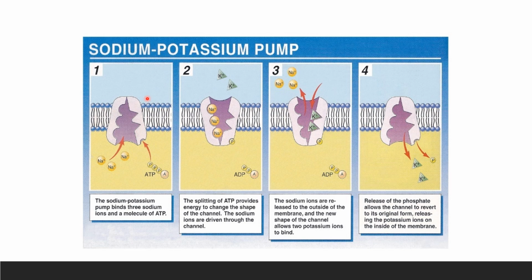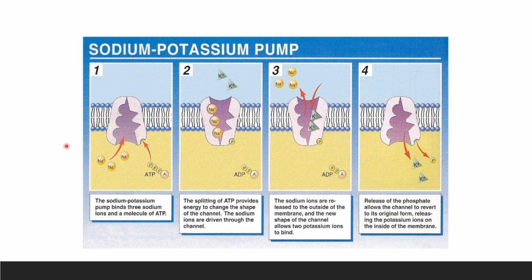Then what happens in the extracellular space? The potassium will bind extracellularly at its binding site, and there will be dephosphorylation of the alpha subunit, which returns to its previous conformation, releasing the potassium inside the cell.